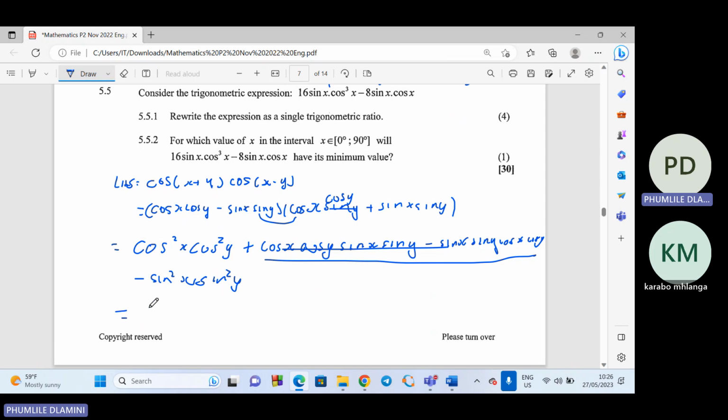Then we're going to be left only with cos squared x cos squared y minus sin squared x, sorry, not cos, it is sin squared again, sin squared y.